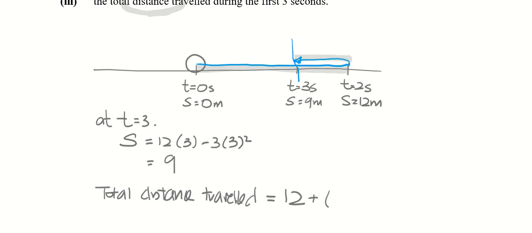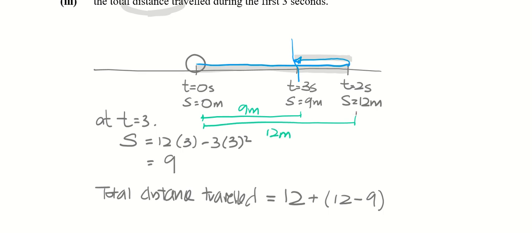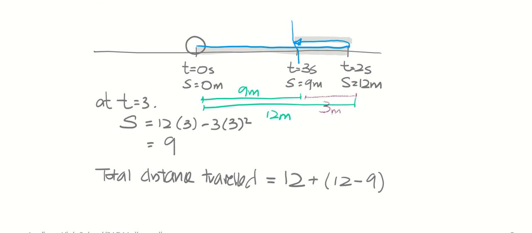Stage 2, when it turns back, the distance traveled is actually 12 minus 9, because 9 is the displacement, and from here to here is 12. So this part is 3. Therefore the total distance traveled, if you add them out, is just 15 meters. That's how you look at the distance problem.